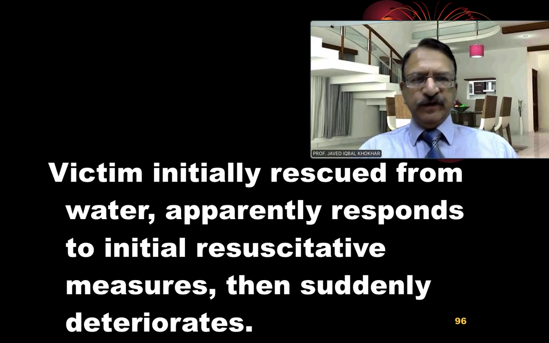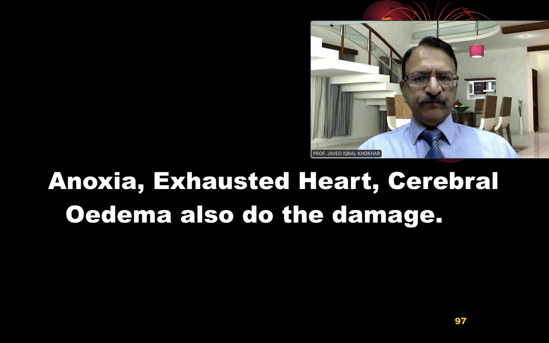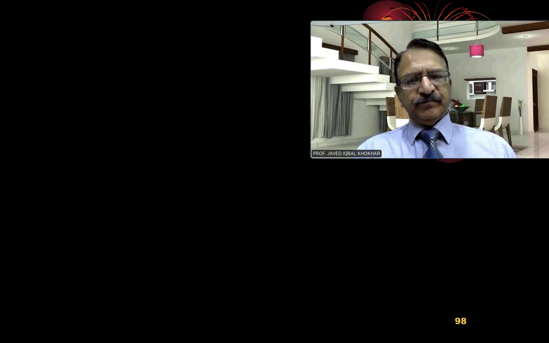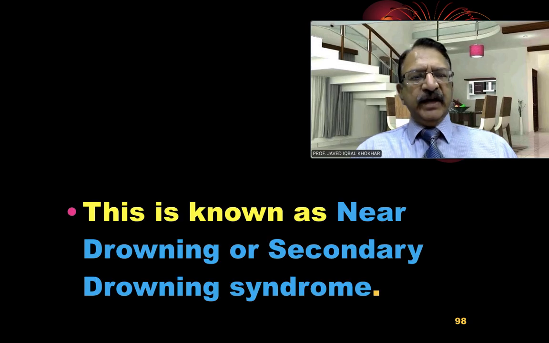That means the person first survives when rescued, but later on complications occur and the condition deteriorates. The anoxia, the exhausted heart, the cerebral edema cause the actual damage later on. And there develop respiratory distress, hypotension, and cardiac arrhythmias. So this is known as near drowning or secondary drowning.